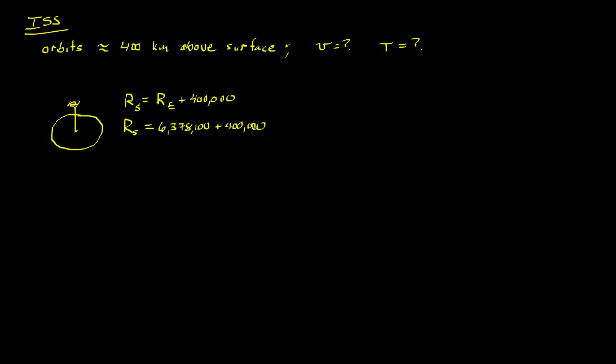So you can see this doesn't change this one very much. It's 6 million to get up here, and so the space station is actually very, very close to the surface. So that's the satellite. So whatever that is, I think we just add 4. So 6,778,100. That would be r to the ISS.